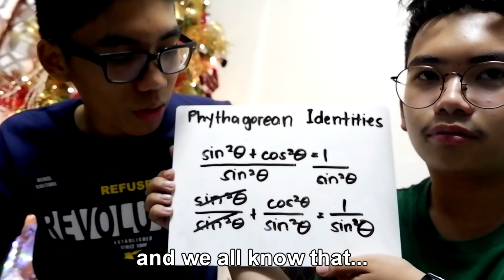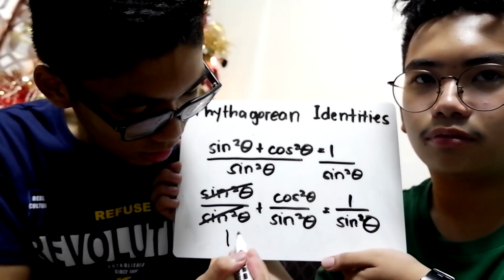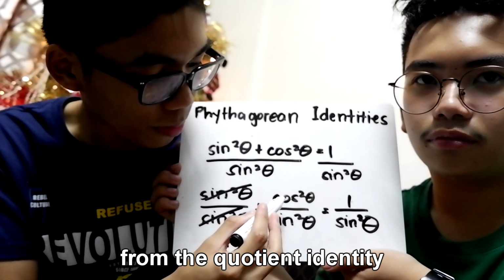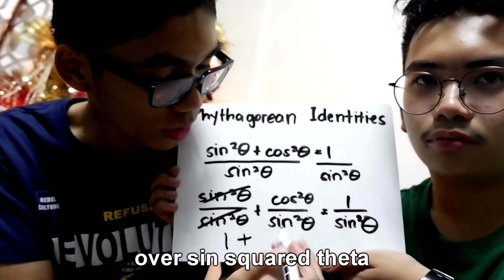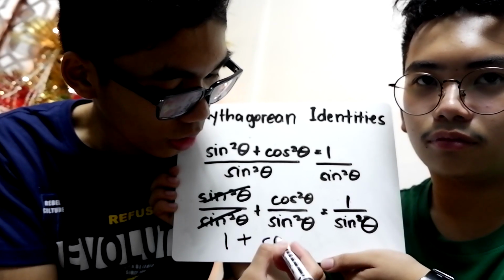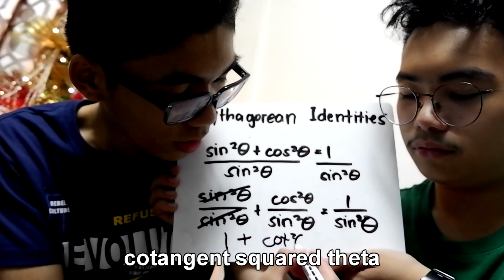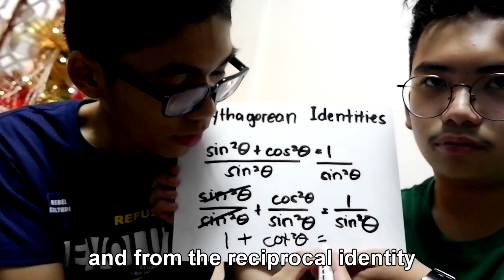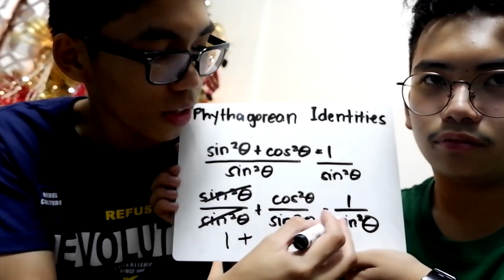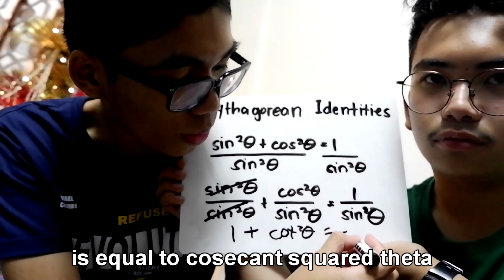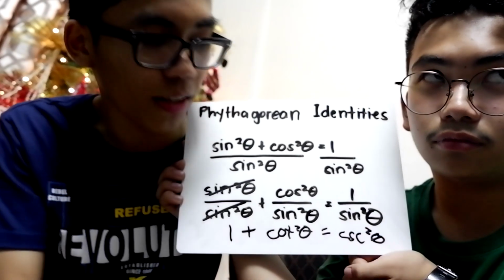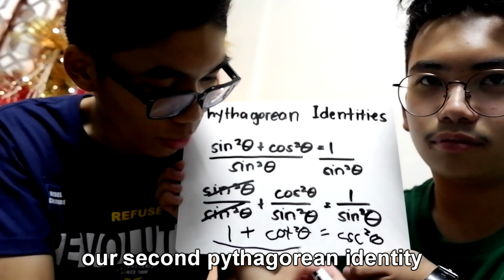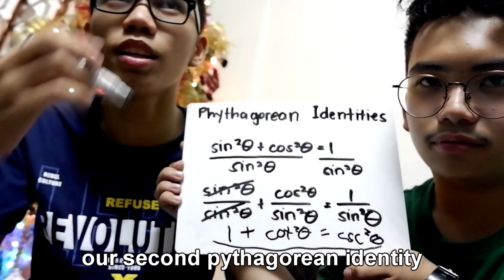And we all know that, as discussed earlier from the quotient identity, cosine squared theta over sine squared theta is equal to cotangent squared theta. And from the reciprocal identity, 1 over sine squared theta is equal to cosecant squared theta. And this is our second Pythagorean identity.